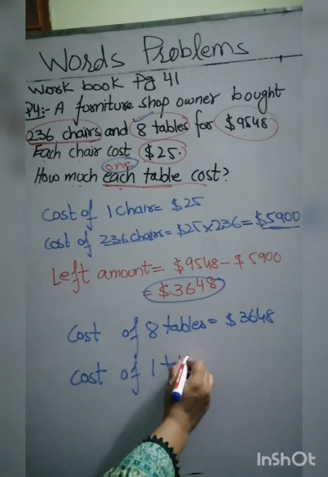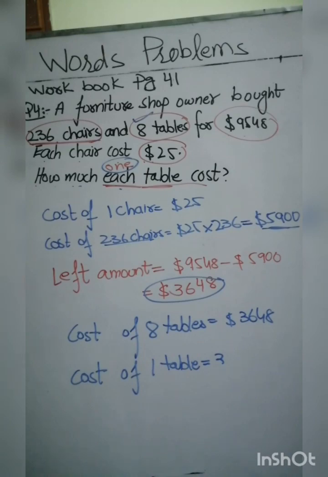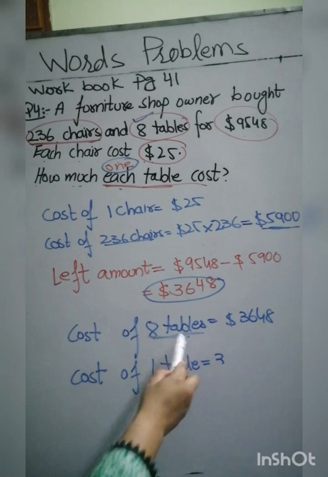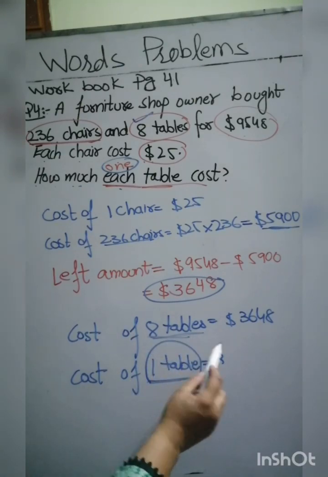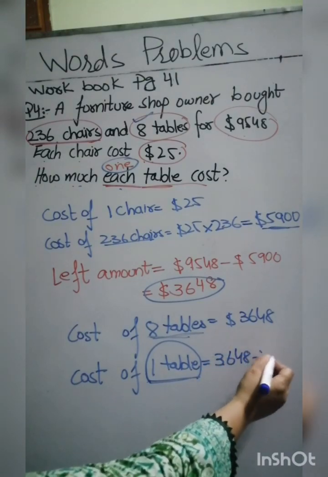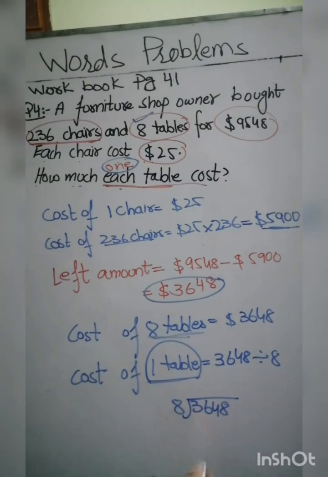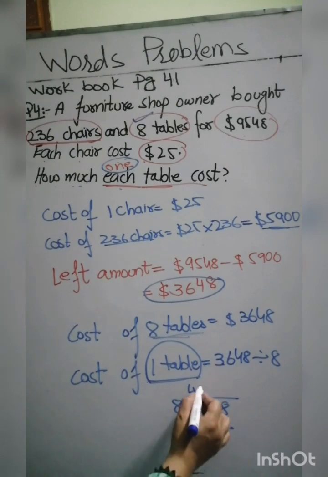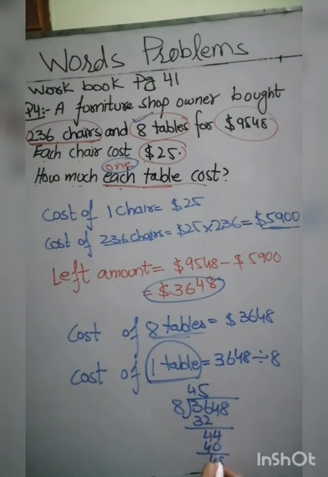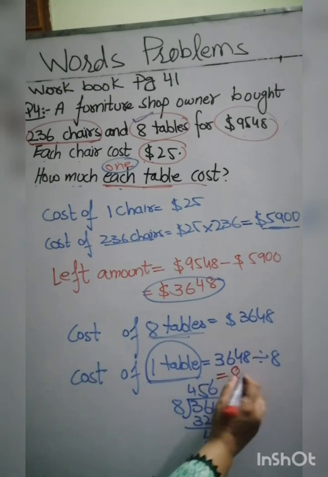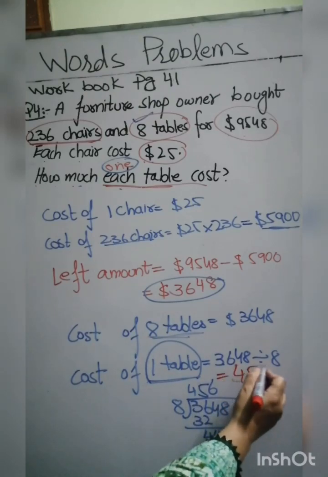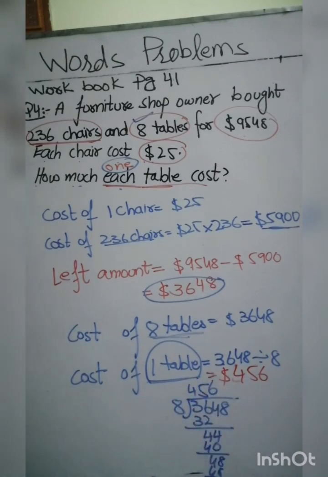Cost of one table: if we have detail of more and we want to get the value of 1, then we divide. 3,648 divided by 8. 8 4s are 32, 6 minus 2 is 4, 4 down, 8 5s are 40, 4 8 down, 8 6s are 48. 456 is the answer. $456 is the cost of one table.